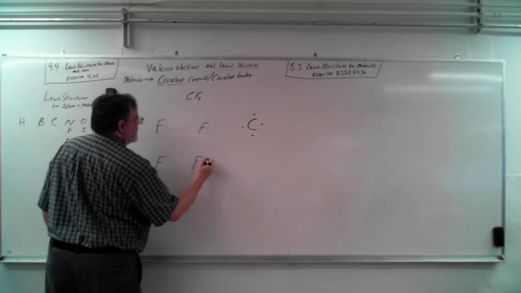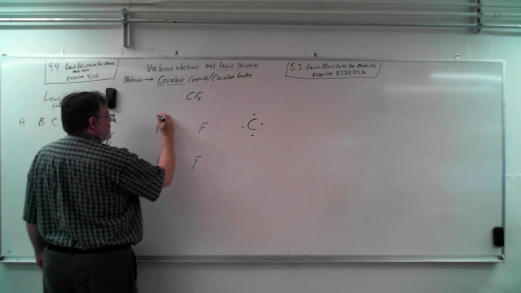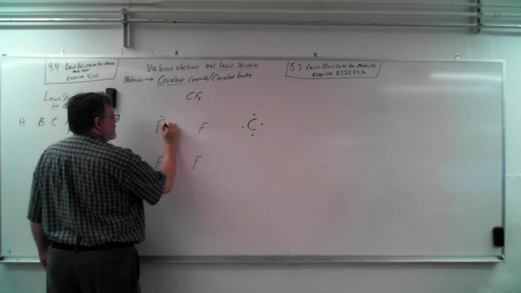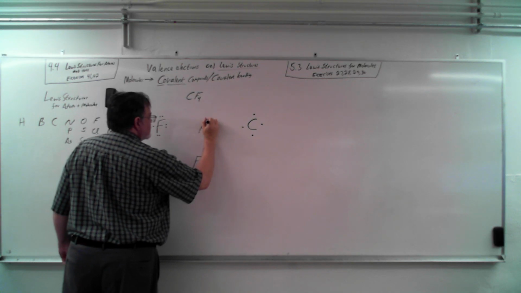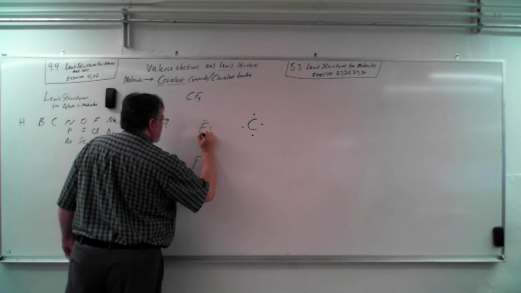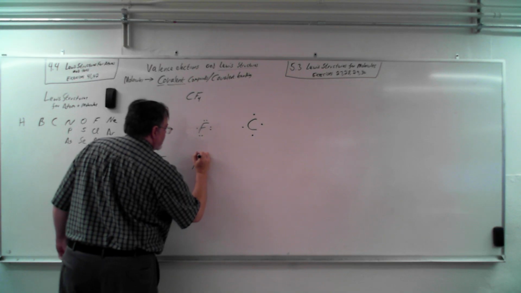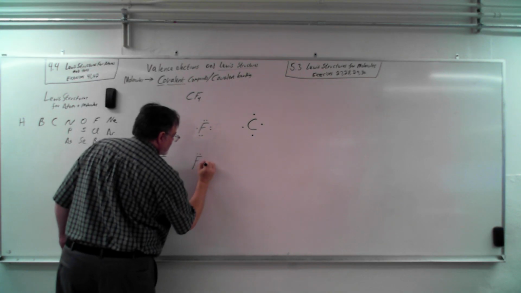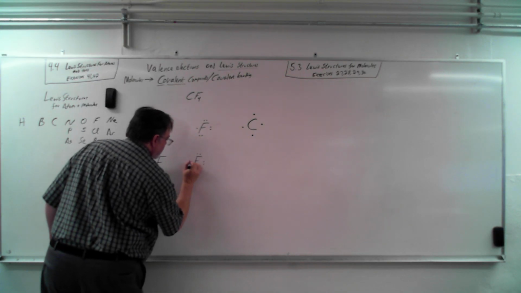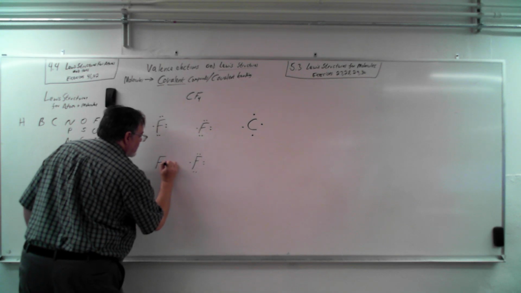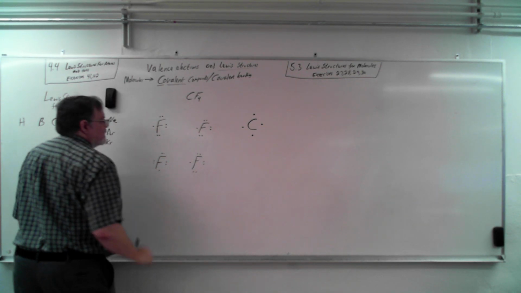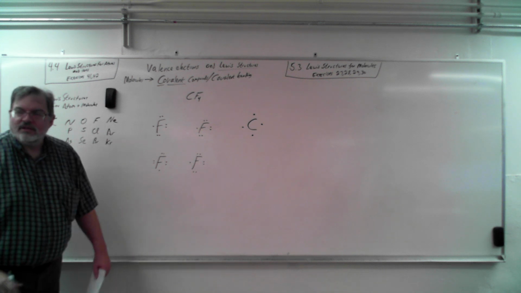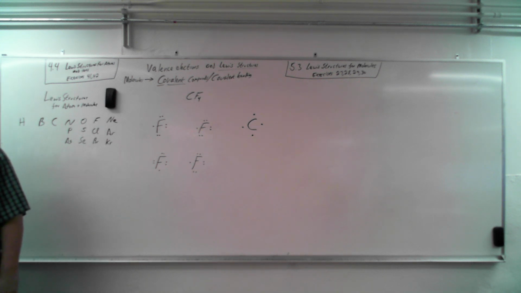So these are the ingredients to this molecule. And fluorine, if you make the Lewis structure, you'll end up with this: 3 pairs and then 1 single electron by itself. So there are the ingredients, and I've got to stick these together with covalent bonds.